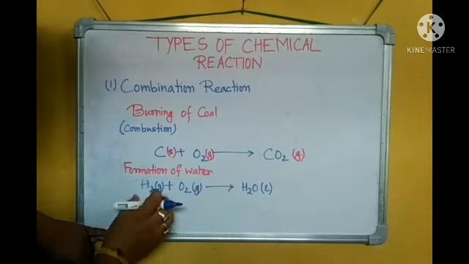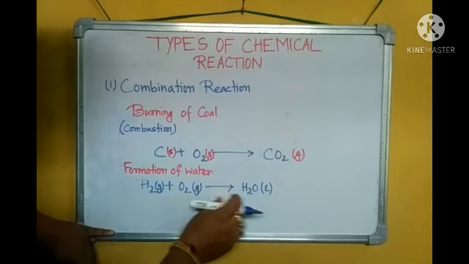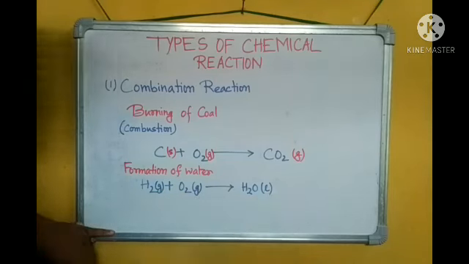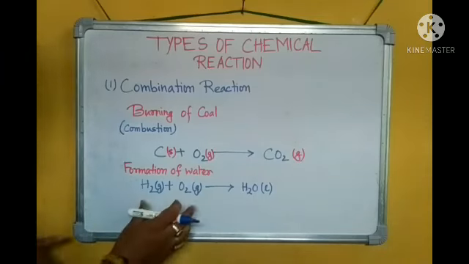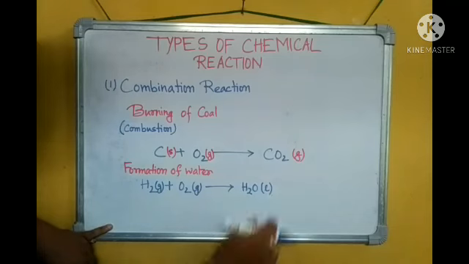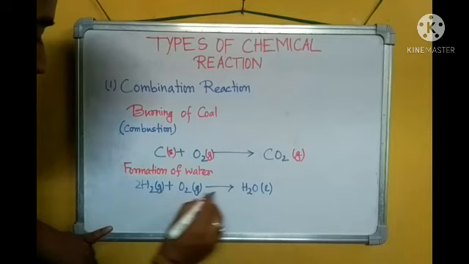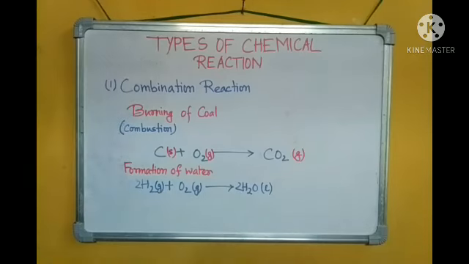Hydrogen is present in its gaseous form, oxygen also in its gaseous form, and it gives water, which is present in its liquid state. So here also hydrogen and oxygen gases are combining to form water. If you balance this equation, you can write 2 here and 2 here also. So these are some very common examples of combination reaction.